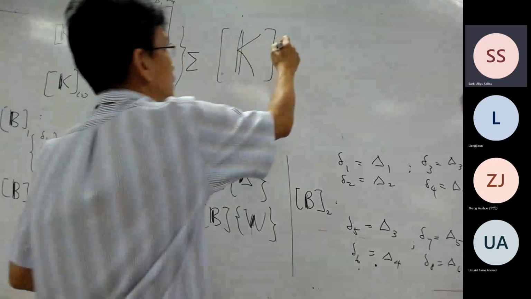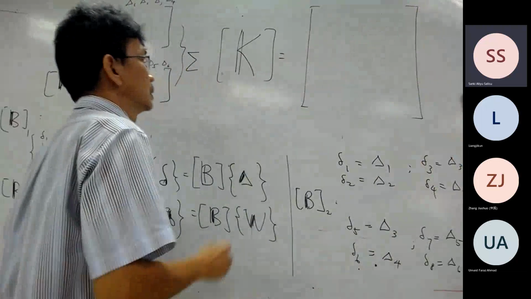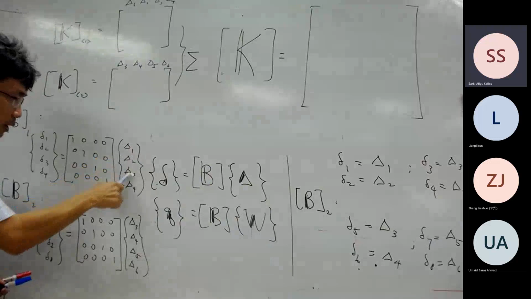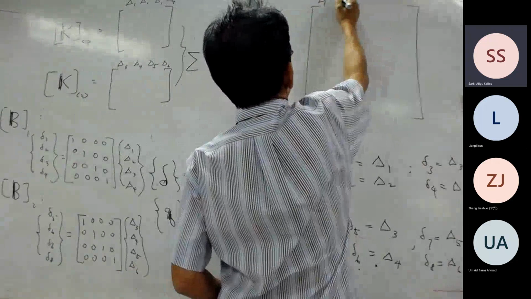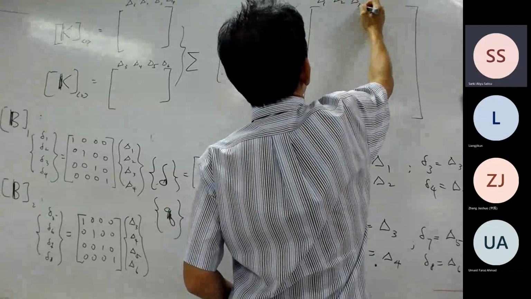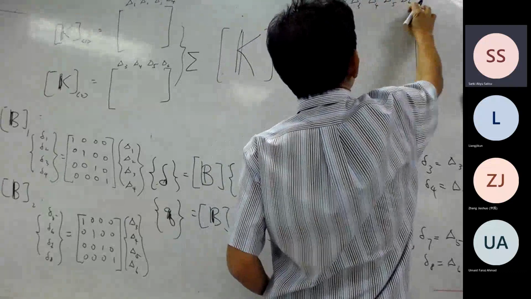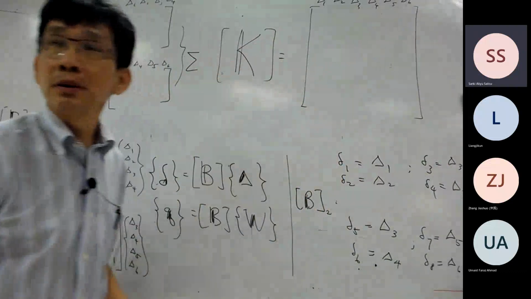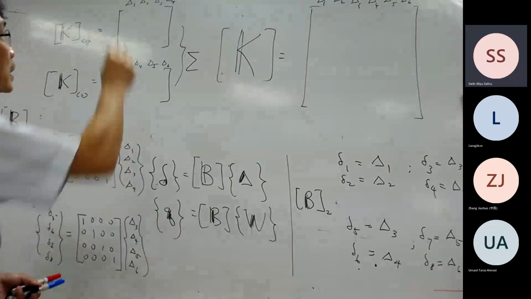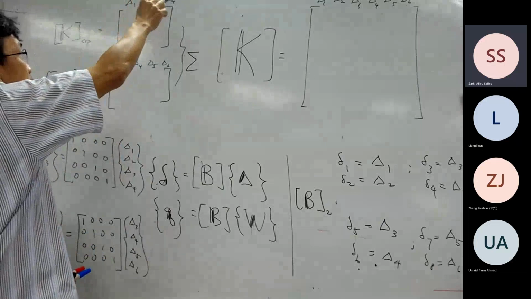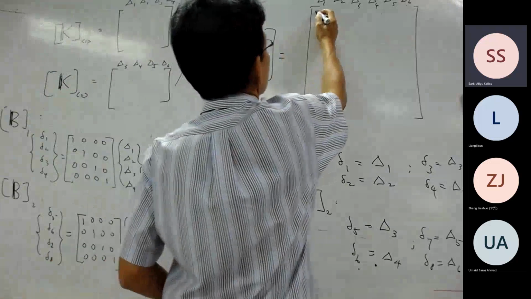The structure level matrix will be the size corresponding to how many global degrees of freedom you have. So it has delta 1, delta 2, delta 3, delta 4, delta 5, delta 6. This is what you have now at the structure stiffness matrix level. Then you look at this, delta 1, delta 2, delta 3, delta 4. So for this element 1, I should put it inside here.